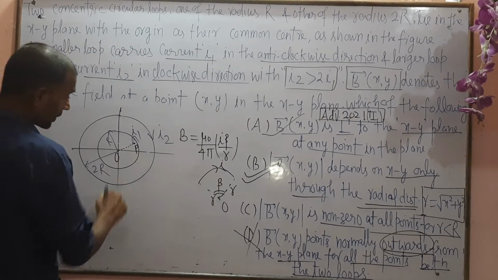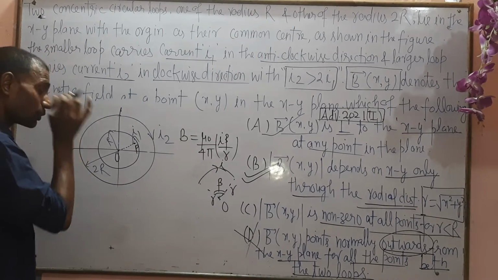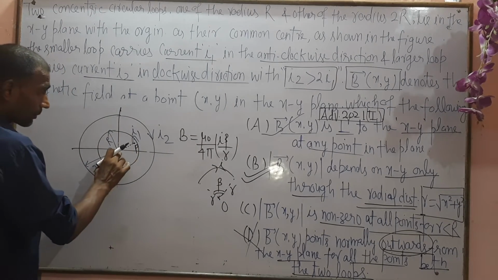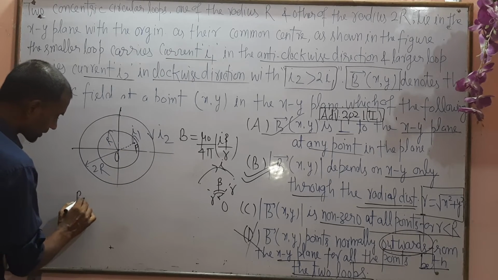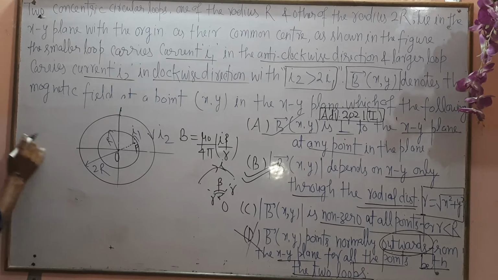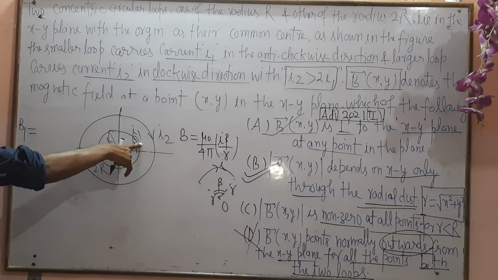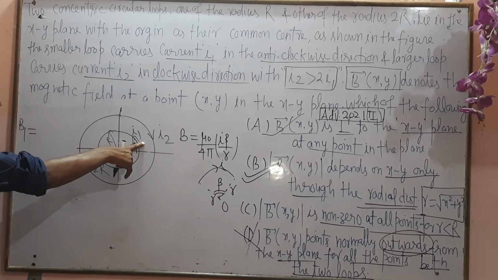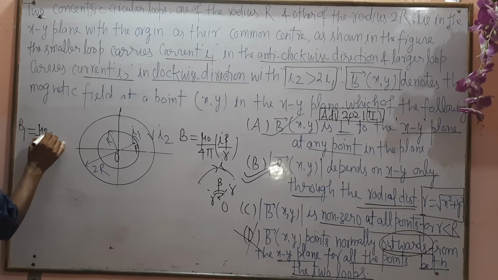So the magnitude due to the I1 loop, the magnitude of the magnetic field at the O point, let us suppose this is B1. B1 means the magnitude of the magnetic field due to the inner loop, or due to I1, which is mu naught by 4 pi, I beta.